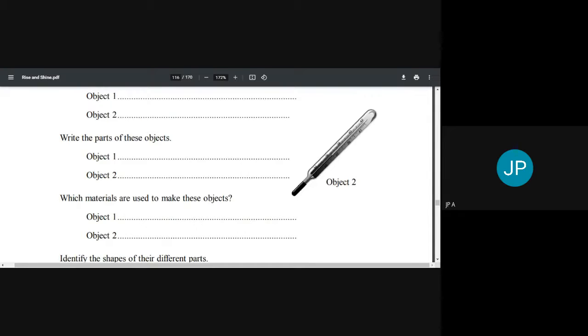For example, a computer is made up of different things. It is made up of plastic, wires, and diodes. A lot of things go into the making of a computer. So that is known as the material: what is it made of?